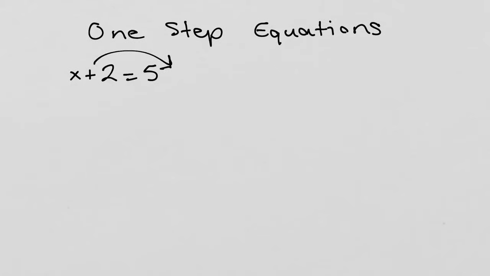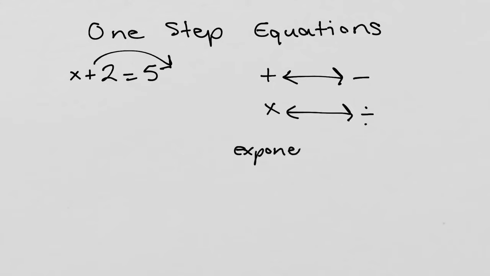We do that by performing the opposite operation on both sides of the equation. The opposite operation of addition is subtraction. The opposite operation of multiplication is division. The opposite operation of exponent is root or radical.